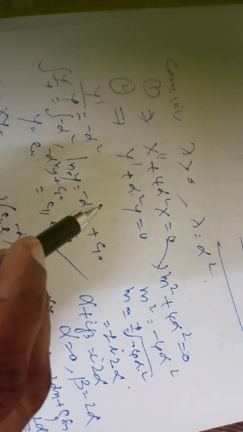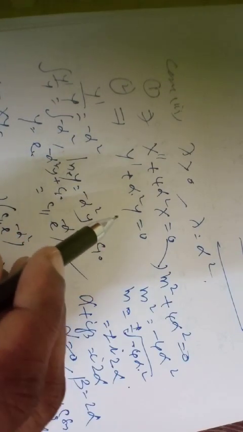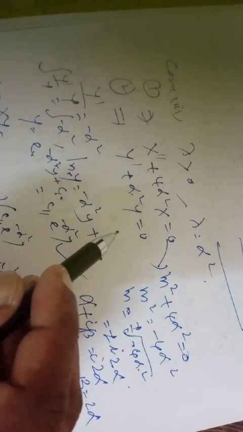Thus, we have covered the answer for three cases: lambda equal to 0, lambda less than 0, and lambda greater than 0. And we have solved so many problems in the notes. You just check those problems. Okay. Thank you.